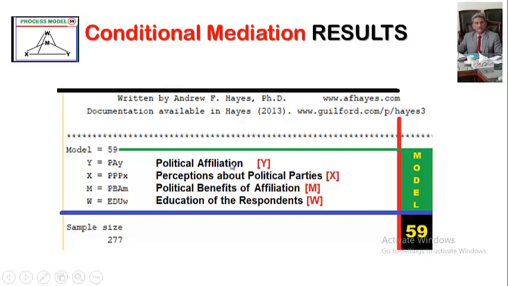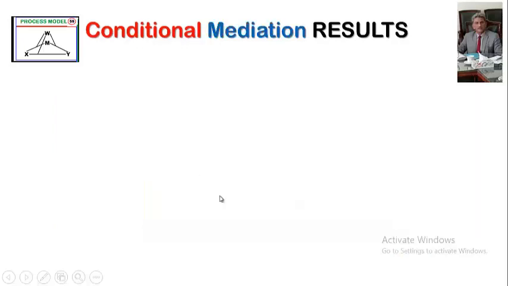Y variable is political affiliation. The X predictor variable is perceptions about political parties. The mediator, political benefits of affiliation, and education of the respondents have been used as the moderator. So Model-59 has been used to manipulate these variables and get the results.